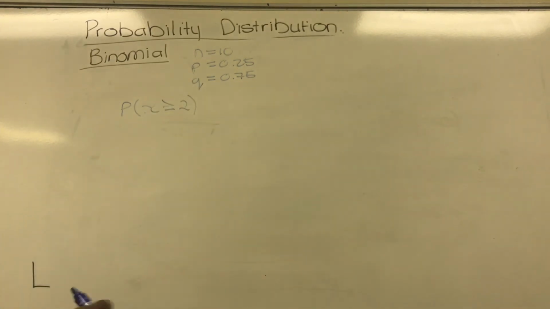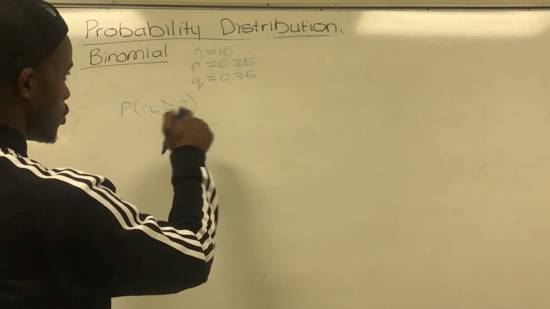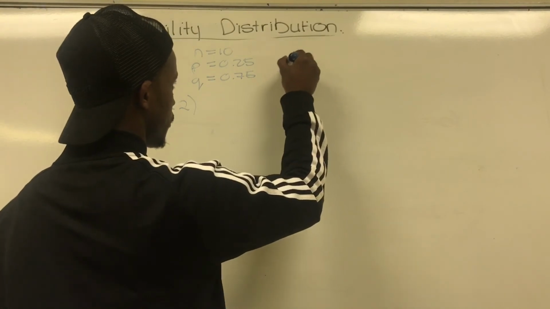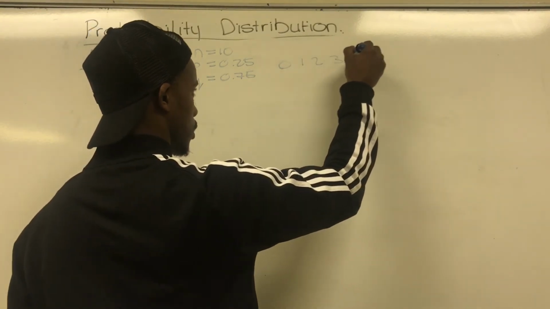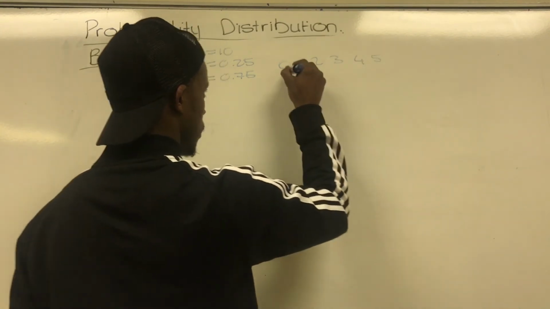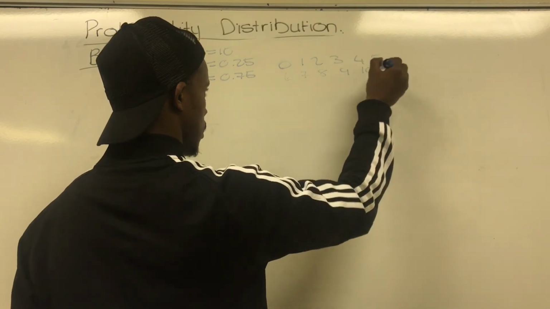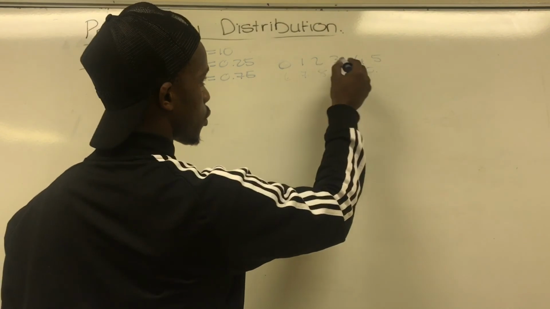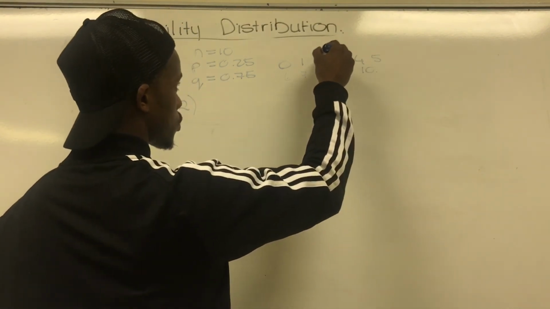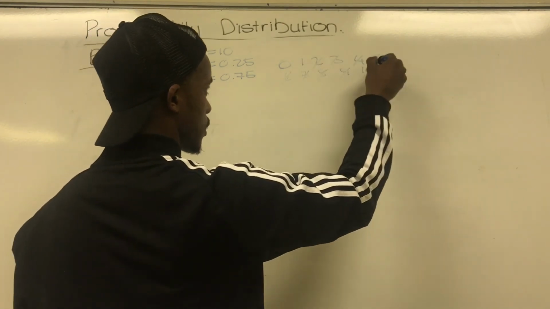There's one way you could go about this, but a nice way to remember it is to jot down all your numbers if you can't visualize it: 0, 1, 2, 3, 4, 5, 6, 7, 8, 9, 10. Now we know they're looking for x at least 2, so it'll include all those numbers from 2 up: 2, 3, 4, 5, 6, 7, 8, 9, 10.